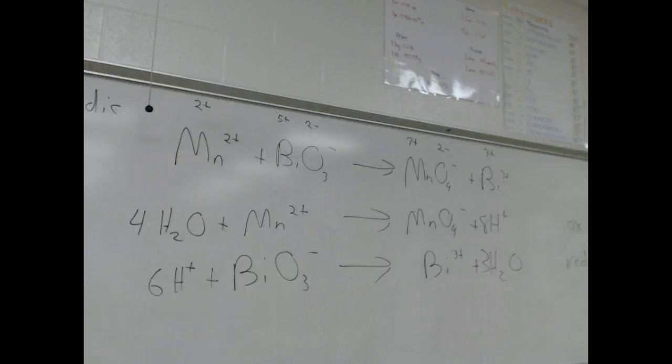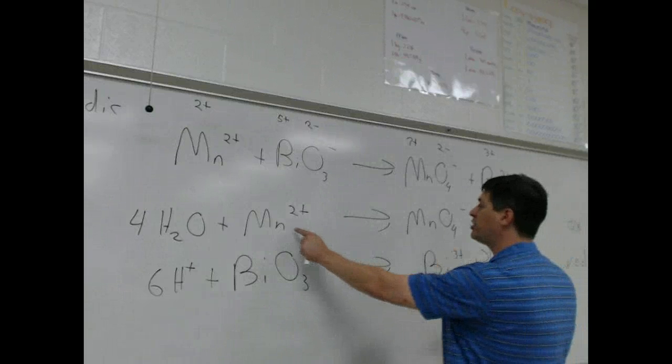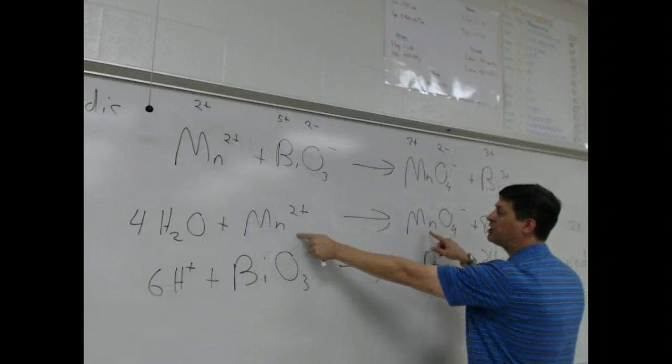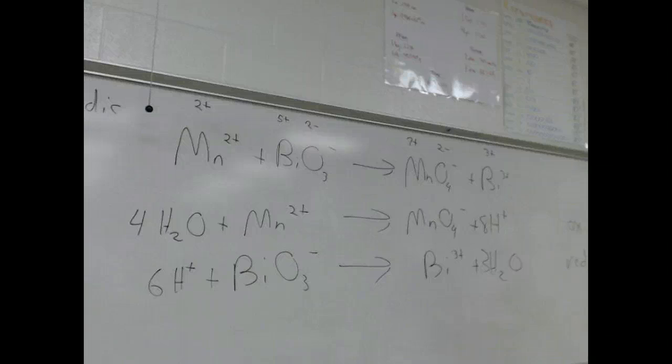All right. Balance charges by adding electrons. Let's think about this very carefully. In our oxidation, where we're losing electrons, Leo, the manganese is going from 2+ to 7+. What's the difference in electrons between 2+ and 7+? 5.